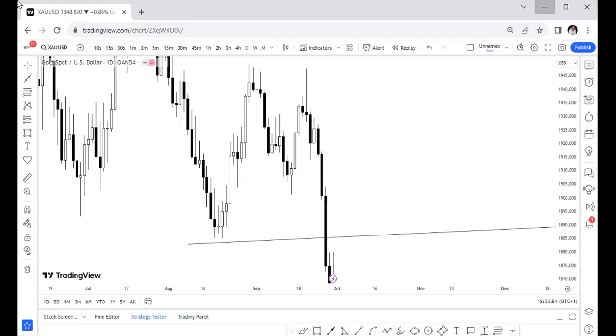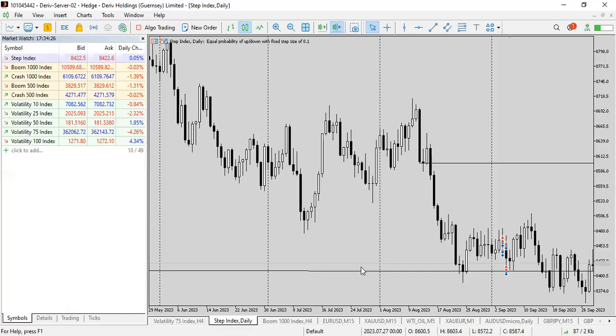So this is your stuff. This is the trade, the MetaTrader, MT5 or thereabouts.